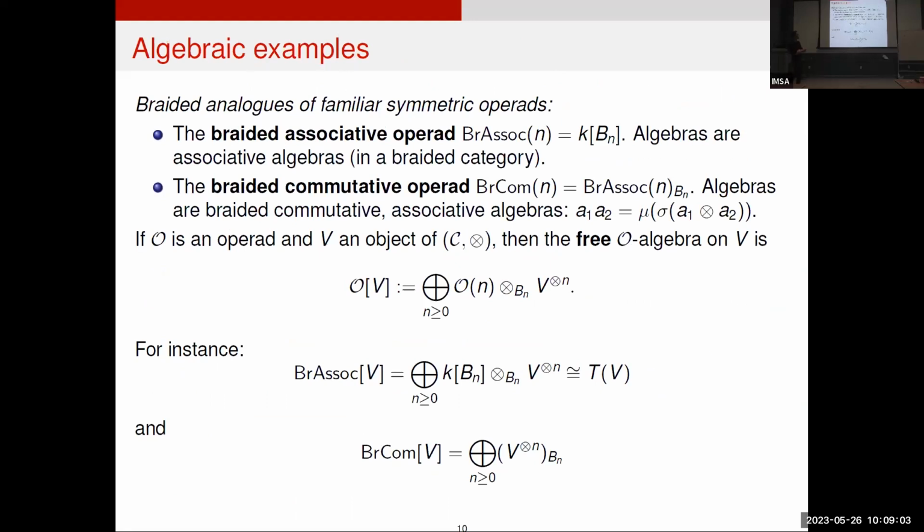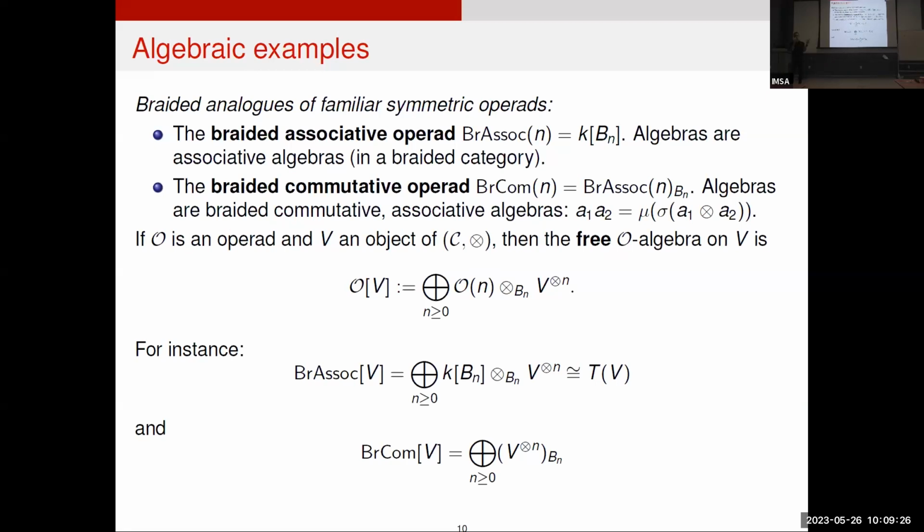So some very concrete examples: the braided associative operad is given by the group ring on the braid groups, and its algebras are associative algebras in a braided monoidal category. So why is that?